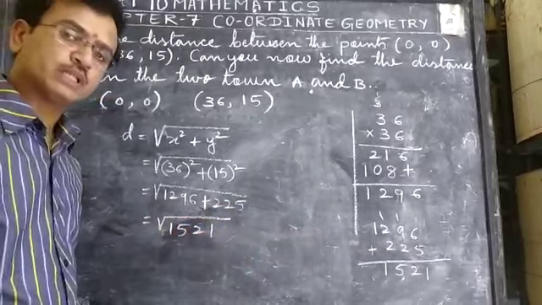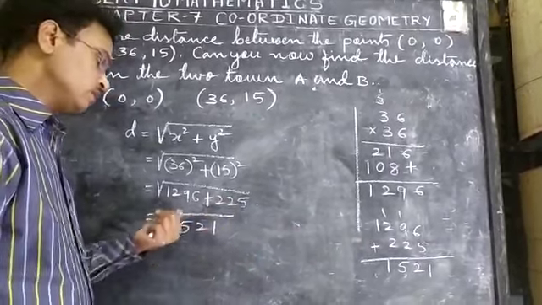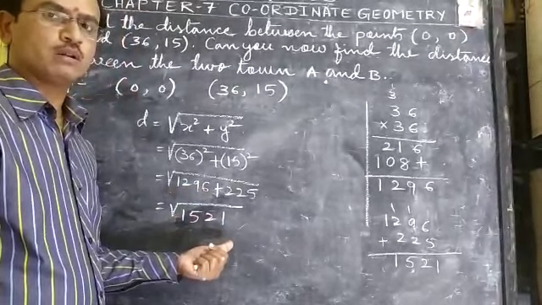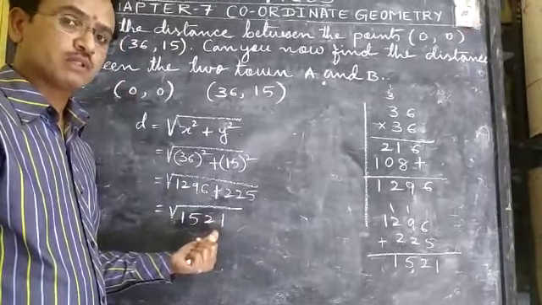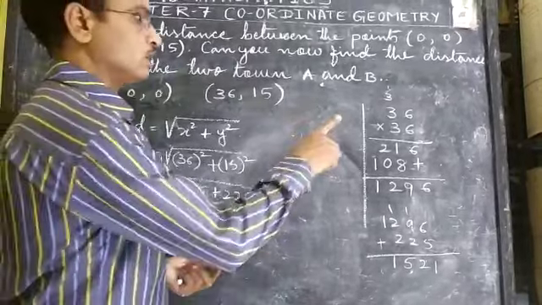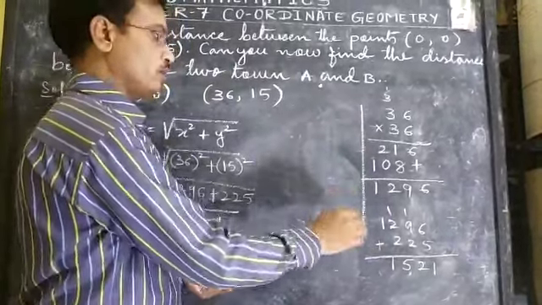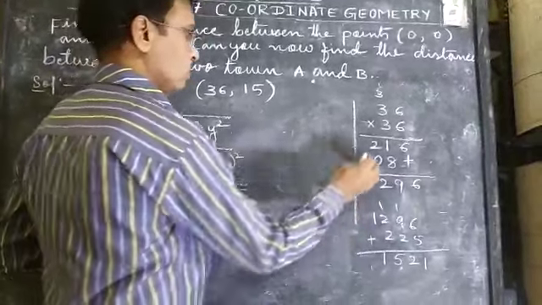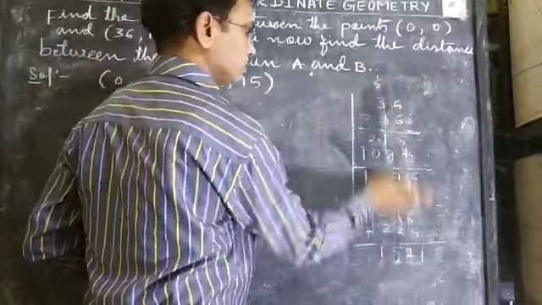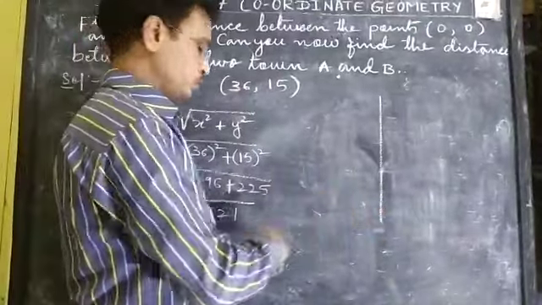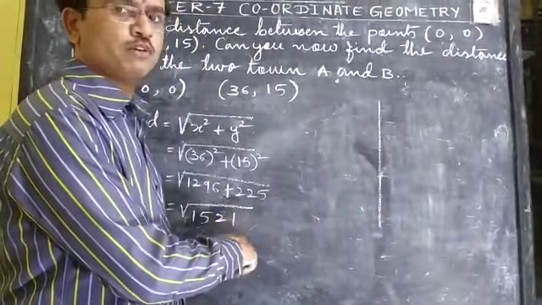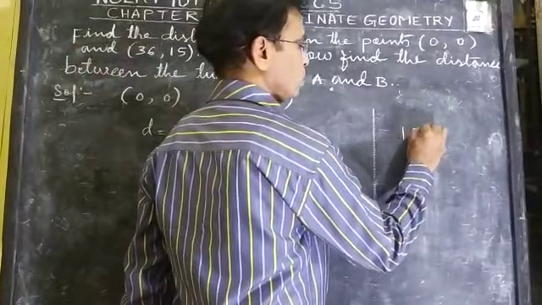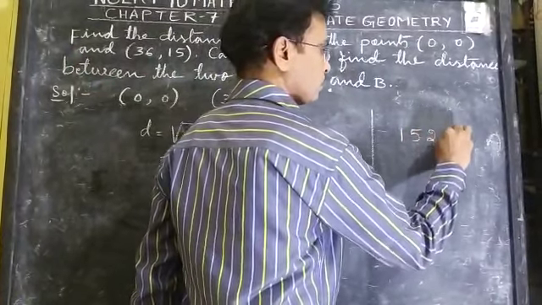Now what should we do next? We should find the square root of this number, 1521. How to find the square root of this number? By the division method, which we'll do in rough column. Now we should find the square root of 1521.